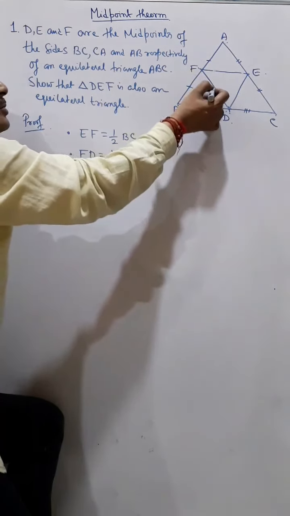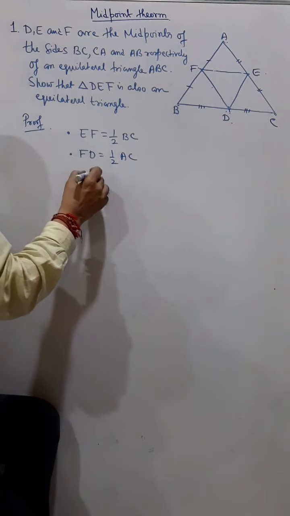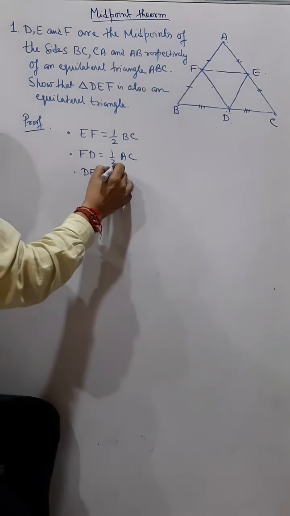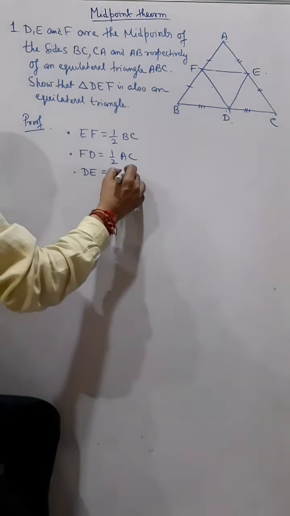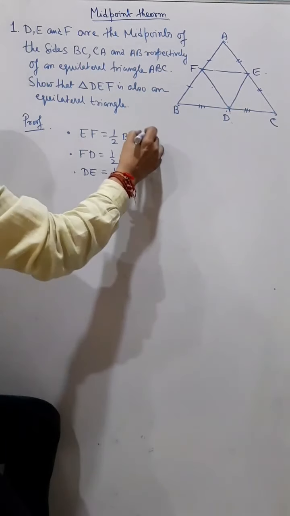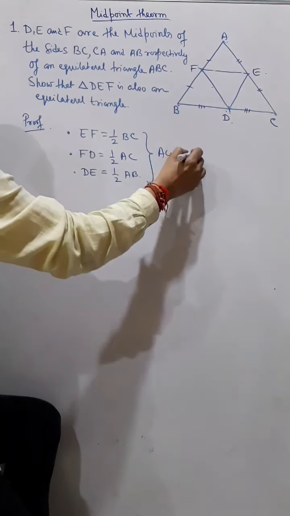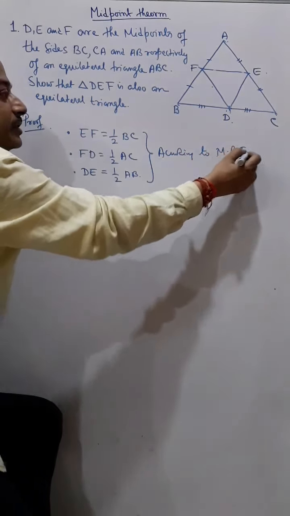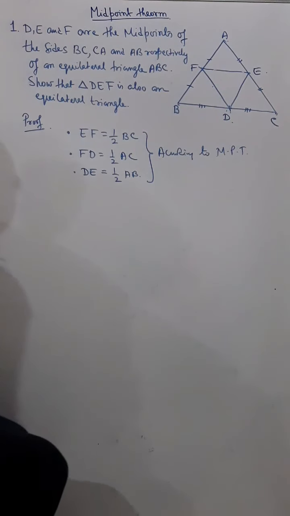So if I join, it will be half of the base, half of AC. And then DE is half of AB. Now the reason is, we can write according to the midpoint theorem. Okay, I am writing in short, but you should write midpoint theorem in full. So according to midpoint theorem.